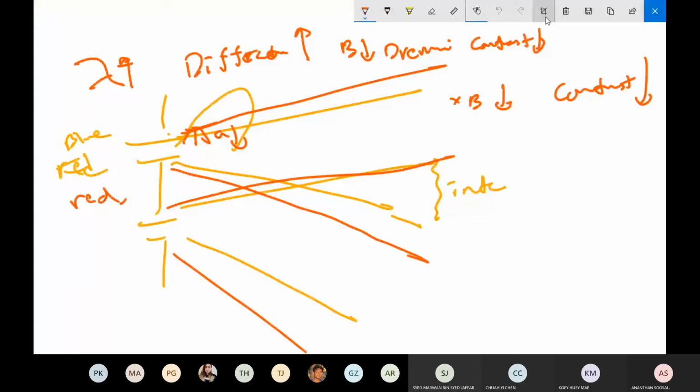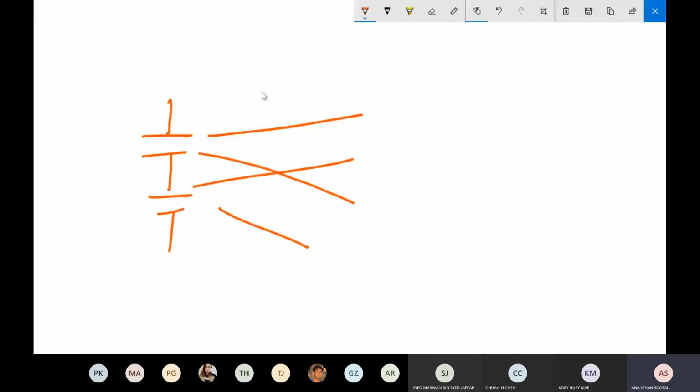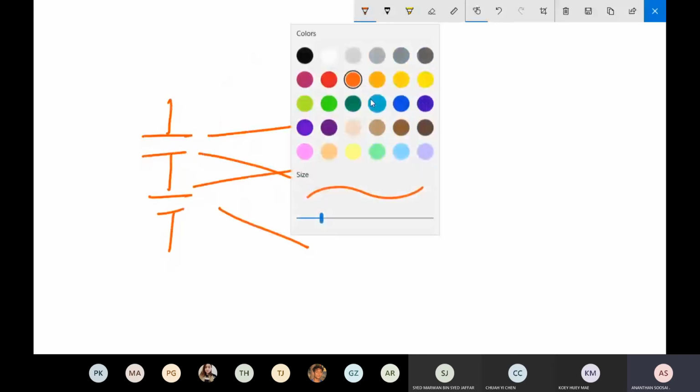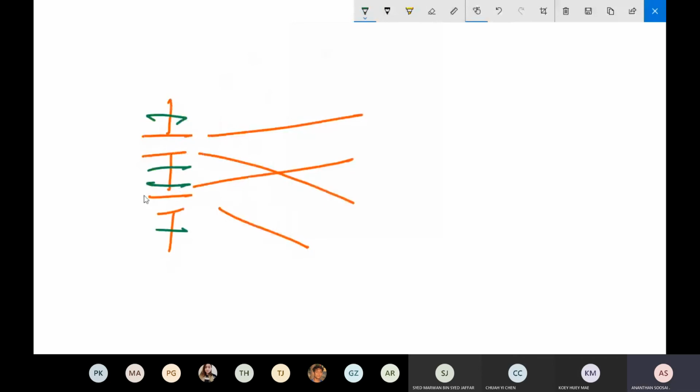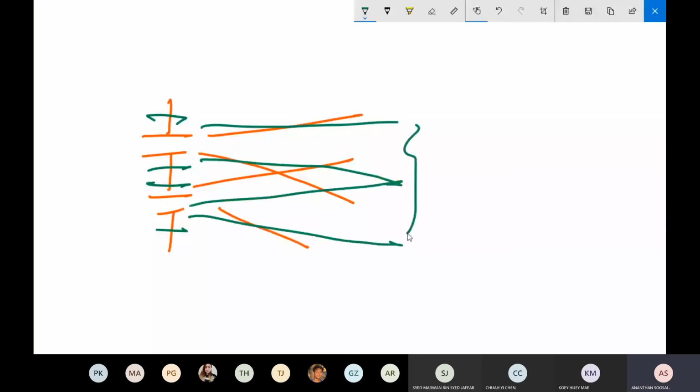When this is the original width, let's say the light spreads like this. When the width is increased, getting bigger, the amount of light going to pass through the slit is a lot, and it is not going to spread like this anymore. It is going to spread lesser. That means the light is more focused.